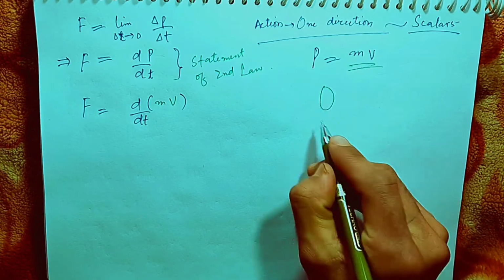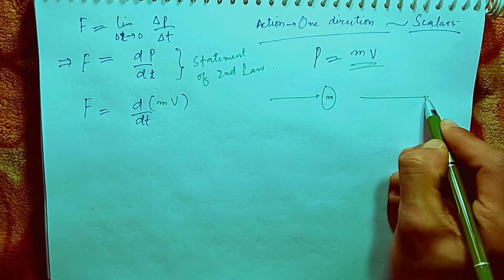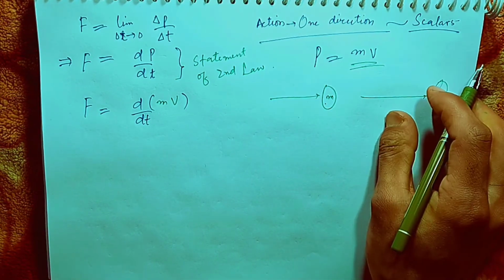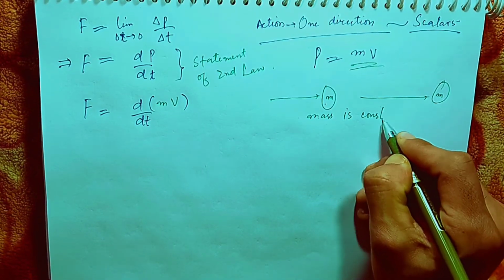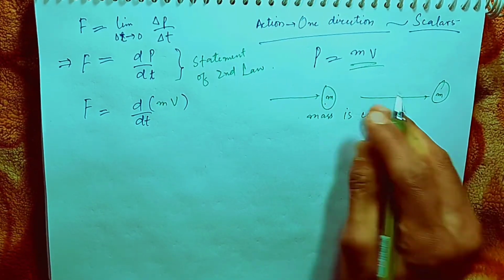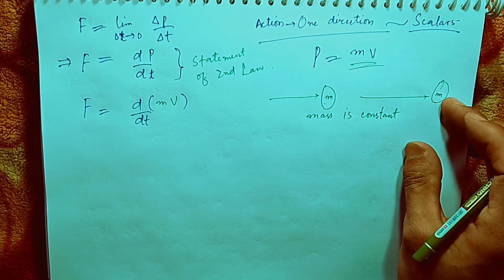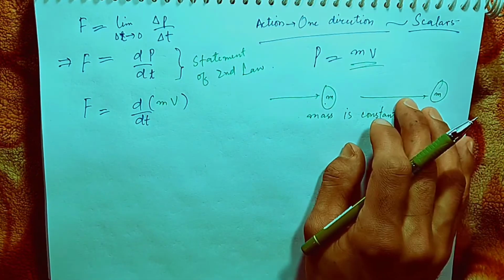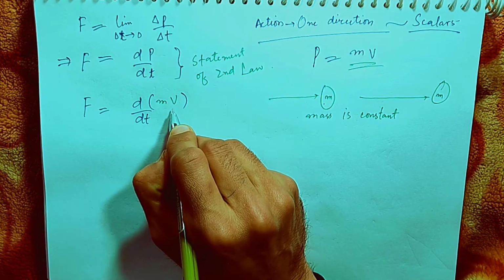Now, we have supposed that the mass of the object is m and we are applying a force and it will be displaced or whatever happens to this body, but the mass remains constant. We are not destroying the mass, we are not changing this body into another body with different mass, because it will be the same as the initial state. So mass will be constant. What changes only is velocity.